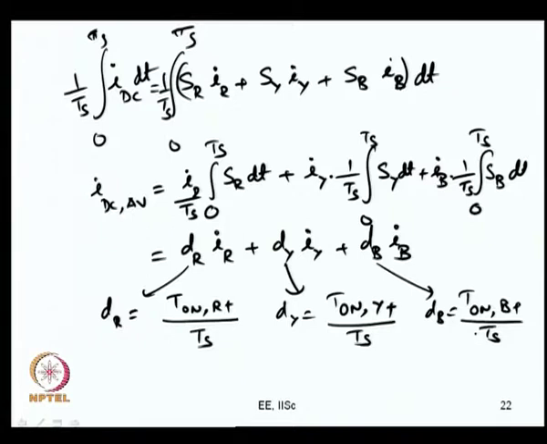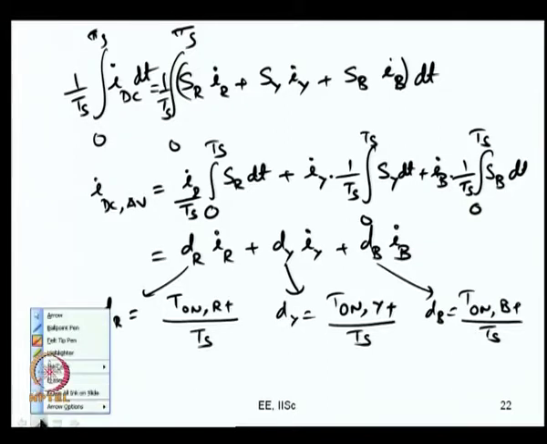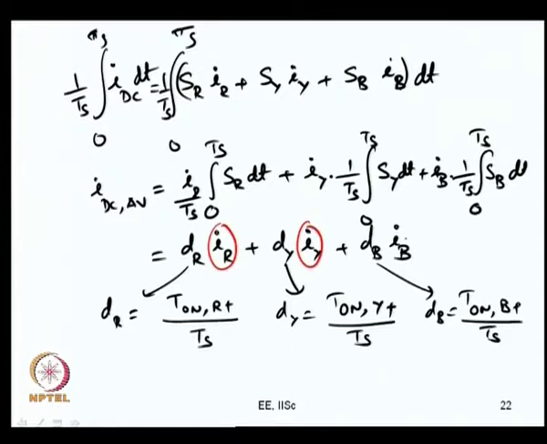So, what you can now do is you see that dR, dY, dB are all there. All these dR, dY and dB can be expressed as some functions. You already have IR, IY and IB, and they can be approximated by IR1, IY1 and IB1, as I said before. That is their fundamental components.